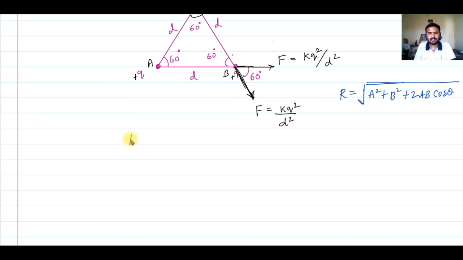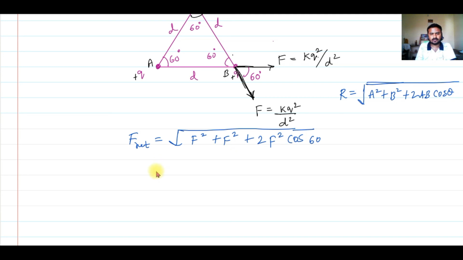So in this case I can write the net force is nothing but the root of F square plus F square plus 2 times F1 F2, or 2 times ab. Both are F only in this case, right? 2F into F is 2F square, cos of the angle between them is cos 60 degrees, right? So what do I get now?